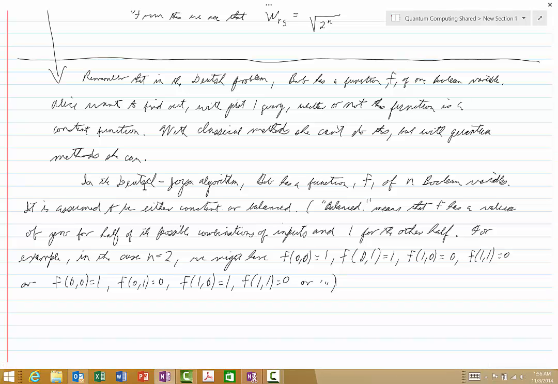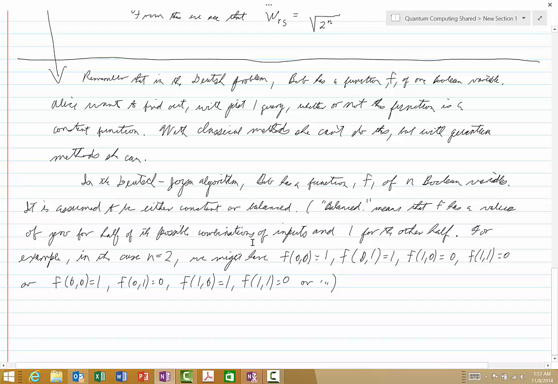Now, let's think about classically how she would go about doing this. Since the function requires n inputs, Alice could send Bob a string of n binary values, 0 or 1. Now, let's suppose that, for n equals 2, we were in this first case. If she sent 0 and 0, then Bob would send her back the value of 1. And then if she sent another string of 2 bits, 0 and 1, Bob would again send her back a 1.